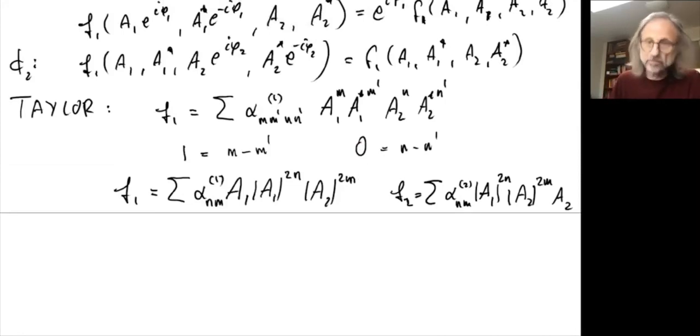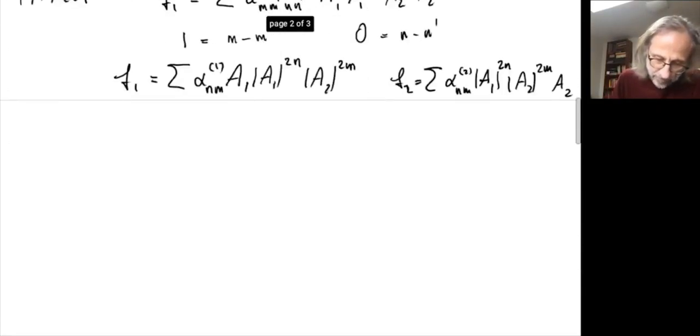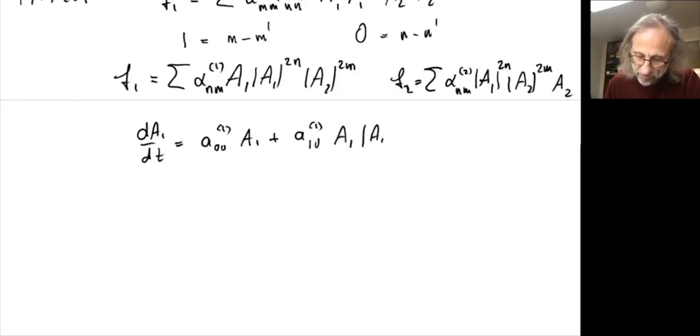So we get, therefore, as equations, dA1/dt is equal to a_001 times A1 plus a_101 times A1 times A1 absolute value squared plus a_011 times A1 times A2 absolute value squared.